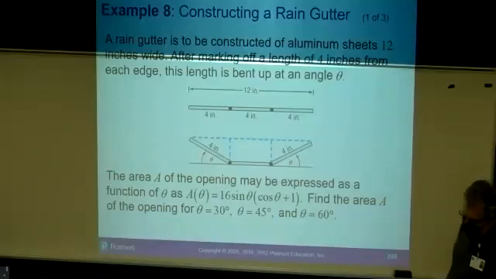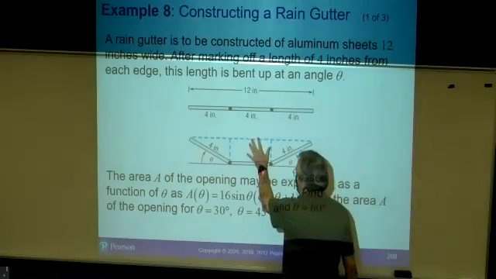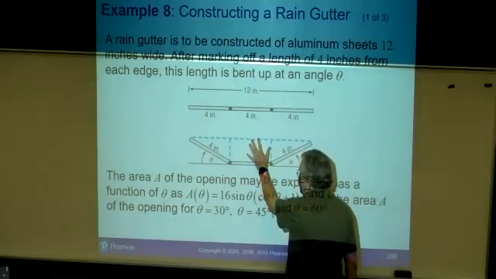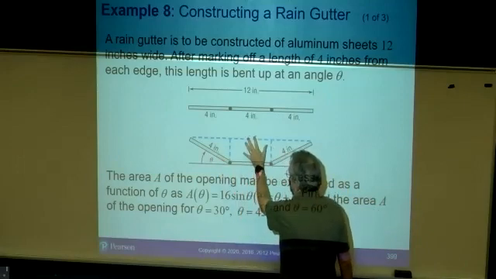You won't see a problem like this from me, but you might see it in the homeworks. Basically, they want to maximize the volume of water that goes through the rain gutter, and so they want to know what these angles need to be to maximize this.